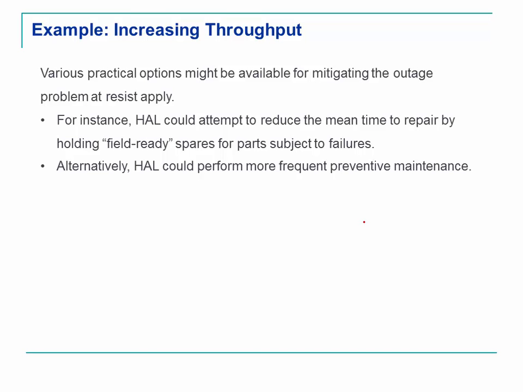For instance, the company could attempt to reduce the mean time to repair by holding field-ready spares for parts subject to failures, or they could perform more frequent preventive maintenance. So instead of waiting for the machine to fail, they can go every break, every shift. At the end of each shift, they can go and perform preventive maintenance on those machines.